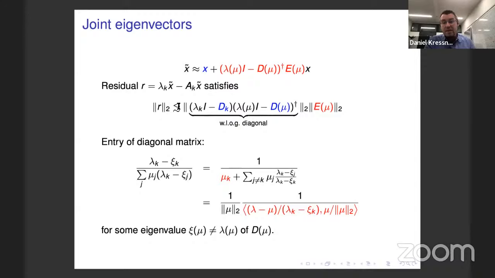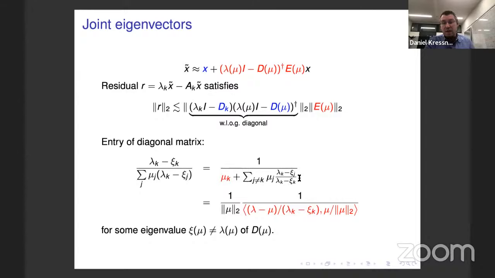If I diagonalize this matrix, I get a diagonal matrix. But now these potentially difficult gap terms are paired with the corresponding gaps for this individual matrix D_k. So in these diagonal entries you have the gap for an individual matrix divided by the gap for the linear combination. You push this gap down here, and you get this expression for the diagonal entries.